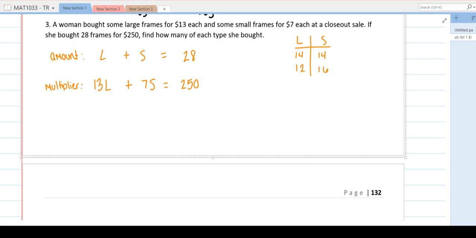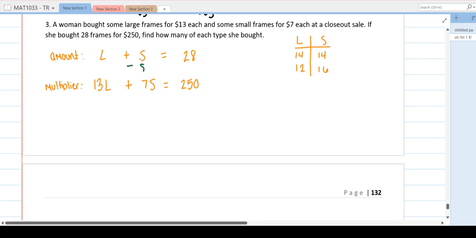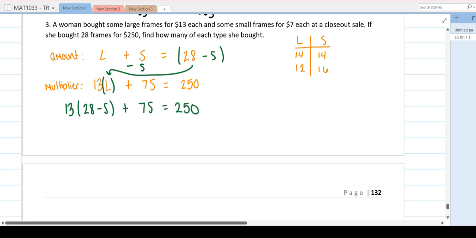So let's say we subtract the S. So we get the large frames equal 28 minus S. So we go 13 times (28 minus S) plus 7S equals 250.